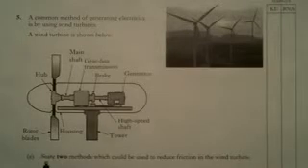Okay, here's another of our energy questions that we're going to look at today. We've got a wind farm here, so we've got a wind turbine arrangement. It says state two methods which could be used to reduce friction in the wind turbine.